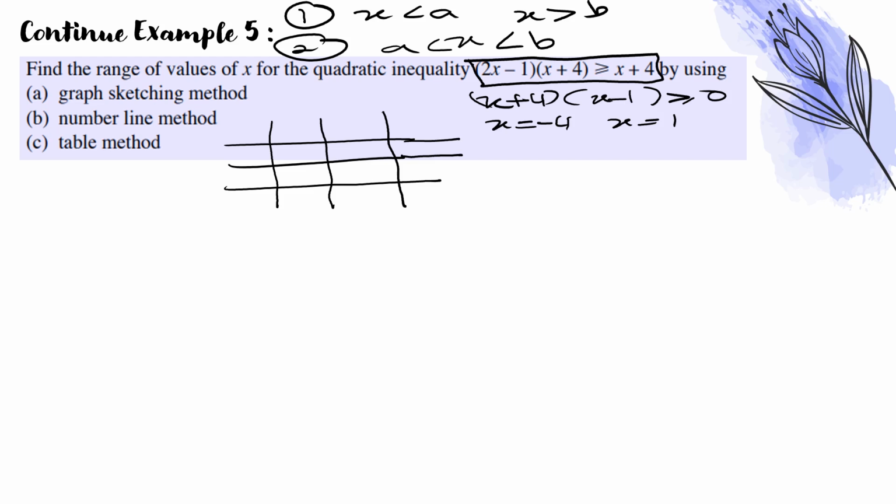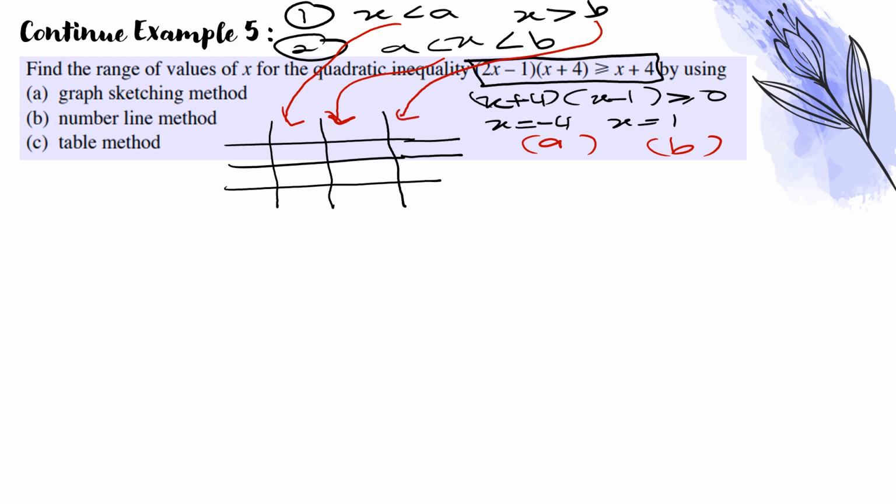For the second column, you write x less than a, where our a is negative 4. This is a and this is b. For the third column, x is in between negative 4 and 1, and this one is the last part, the last column.